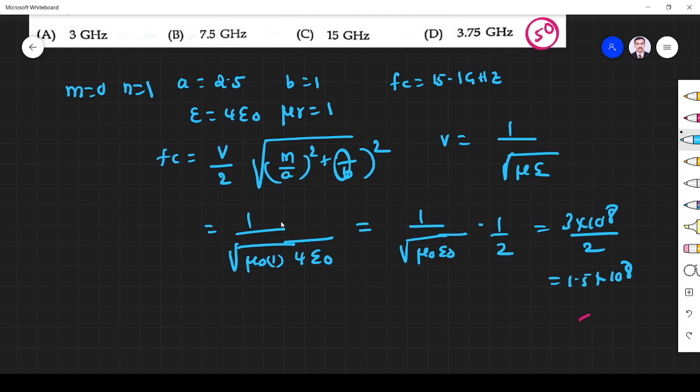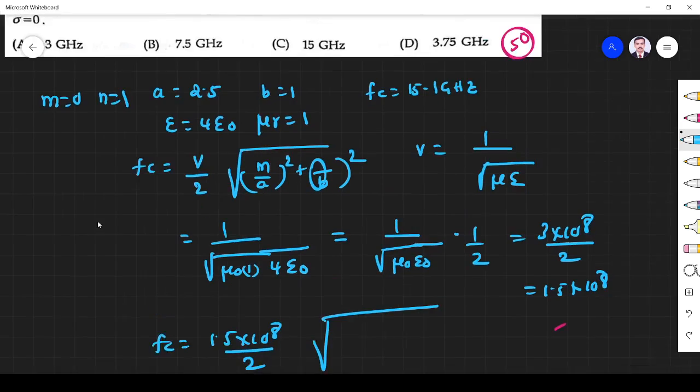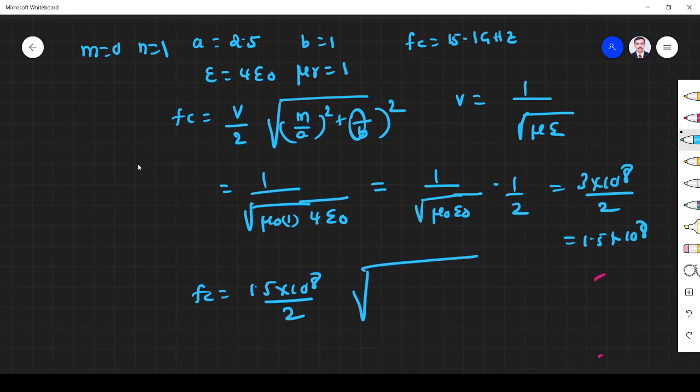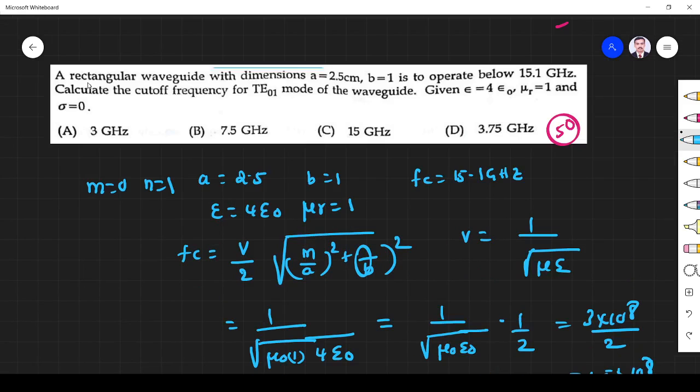Now we found everything we have known already. So Fc is equal to 1.5 into 10 power 8 divided by 2, right? So what is the m value? m is 0, n is 1, b is 1, so 0 square, 1 square, 1. A is equal to 2b centimeter.